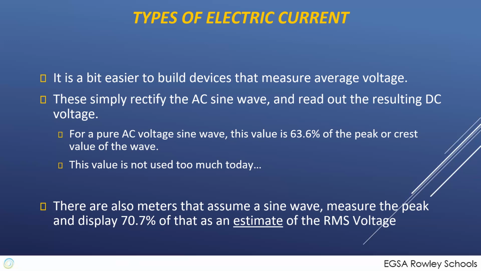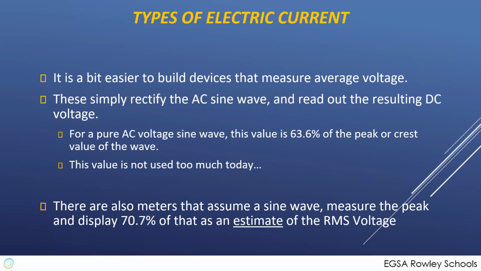The second problem, which you will run onto occasionally, especially if you have to work with coalition forces that aren't as well equipped as we are, is that at times you will run onto older analog multimeters. Now, some analog multimeters are true RMS. Some of them are estimated RMS, and a lot of them are average voltage because it was simpler back before the age of microchips to make a rectified and averaged meter than it was to make one that measures RMS.